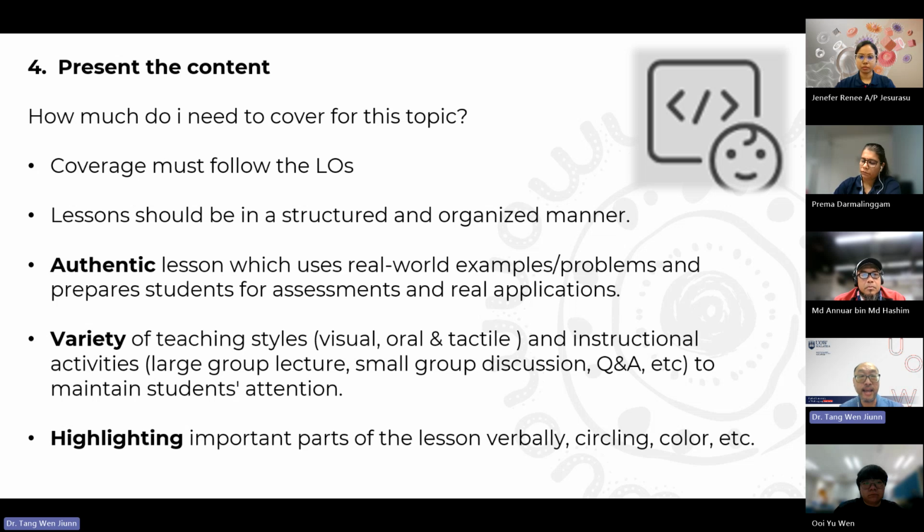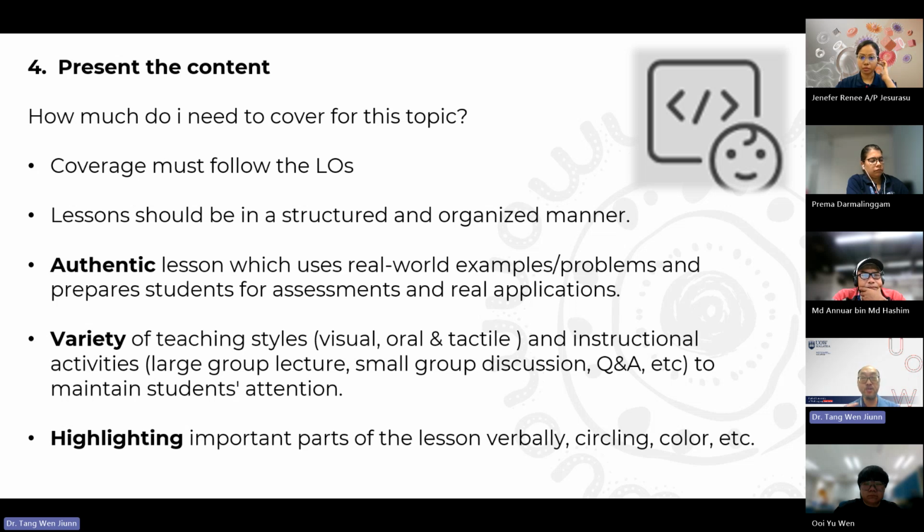We present the content. So over here, how much to cover? We already have our LOs, so we follow what we planned earlier and put it here. When we present the contents, we should use real world examples. In our textbook, for example, let's say the textbook uses UK examples. If your program is local content, then you have to make some adjustment to that.